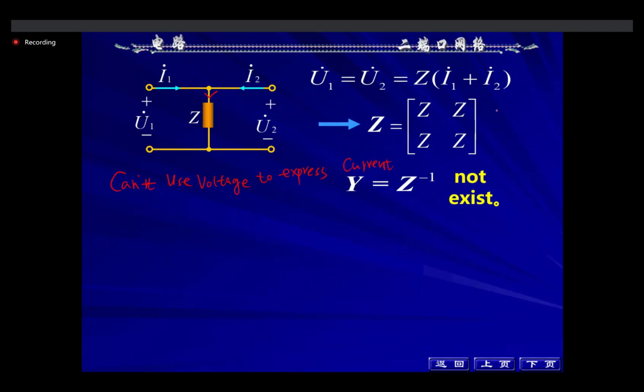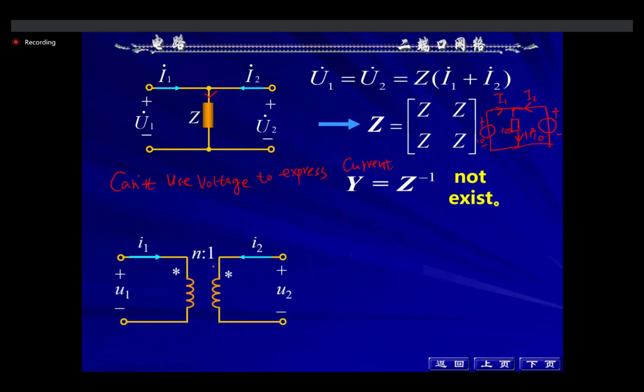For example, we tell you this is 10 ohm and this is 10 volts. This side is also 10, so this current will be 1 ampere. But for I1 and I2, we don't know. We don't know I1 and I2.